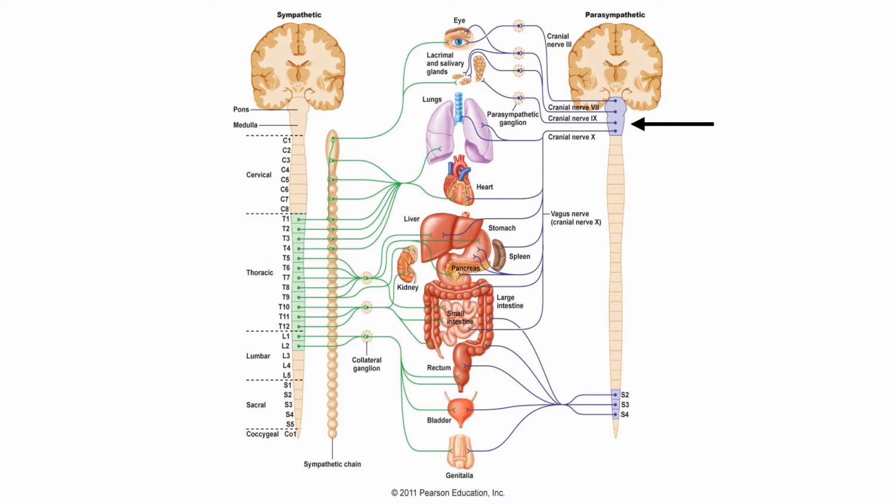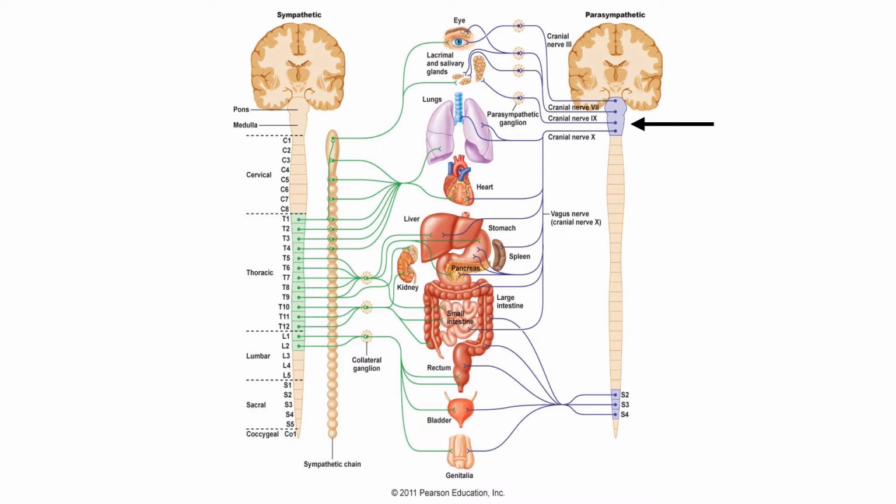The brain stem has 4 parasympathetic nuclei. They are related to oculomotor, facial, glossopharyngeal, and vagus. And the preganglionic axons will be distributed along these nerves.